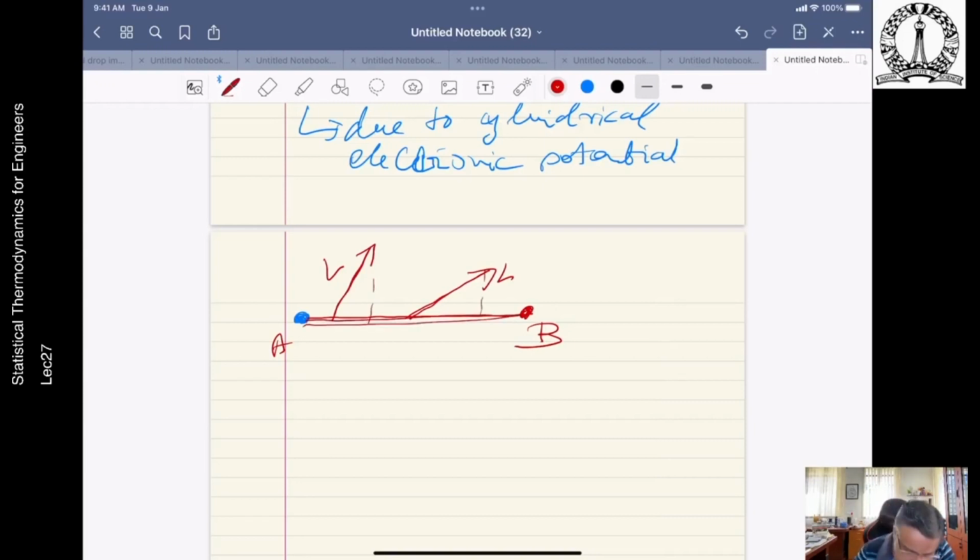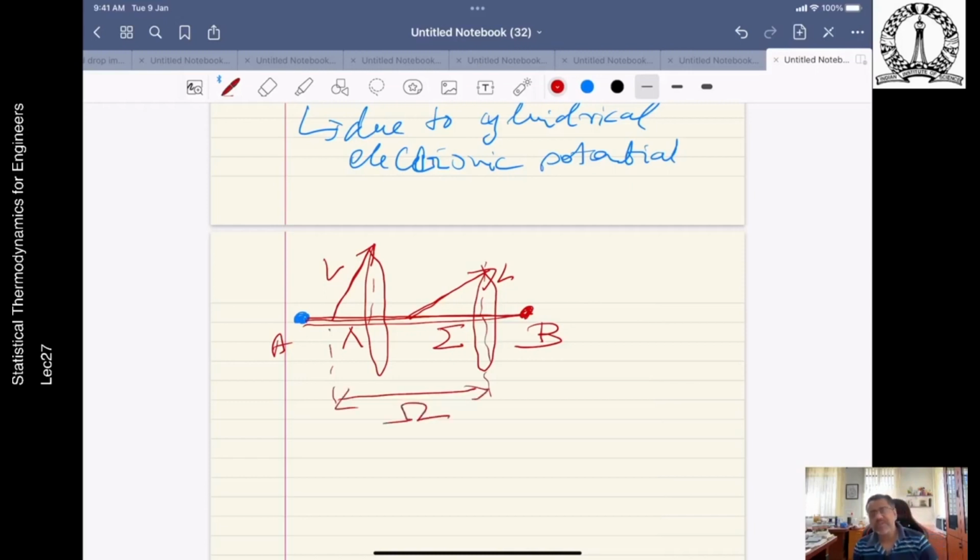This component is written as gamma, which you can read as sigma, and this is omega. These are the Greek symbols.